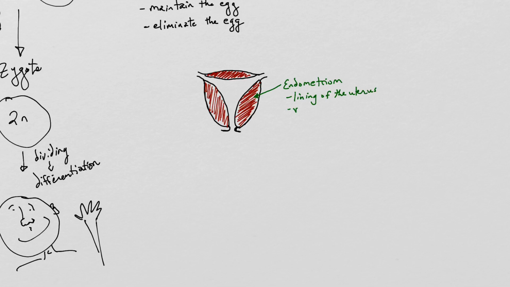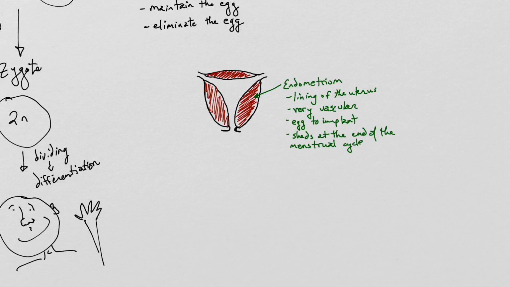It is very vascular, which means it has a lot of blood vessels in it. And it is a place for the egg to implant if it gets fertilized, and it sheds at the end of the menstrual cycle if the egg is not fertilized.